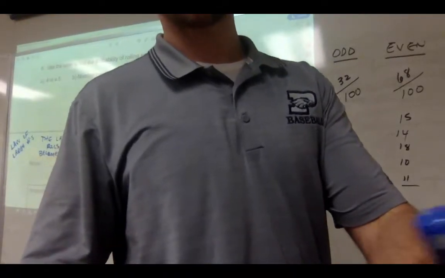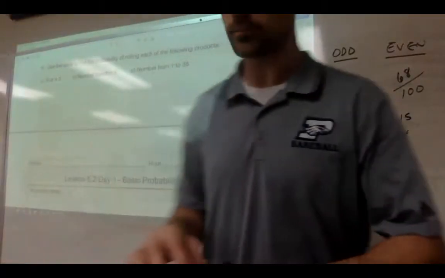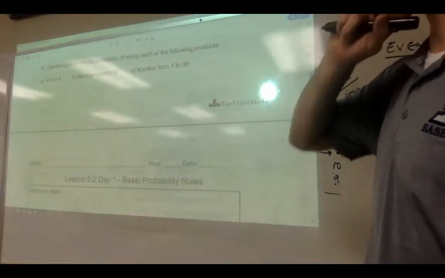Number besides 6? Does that mean any number but 6? Use the table to find the probability of rolling each of the following products.